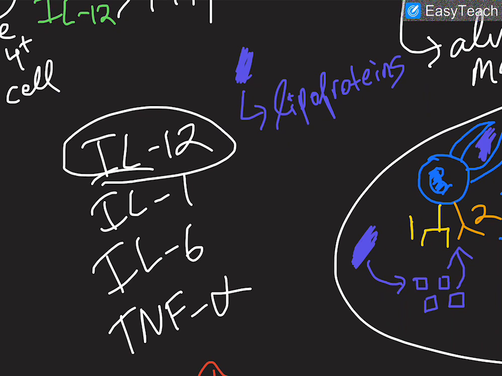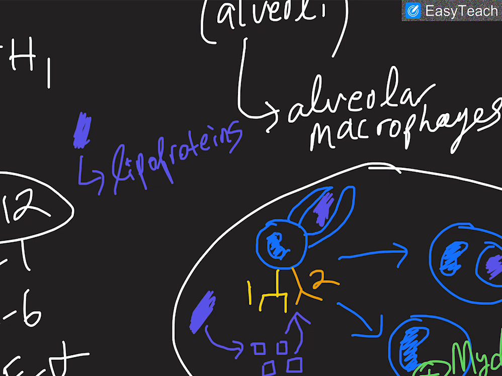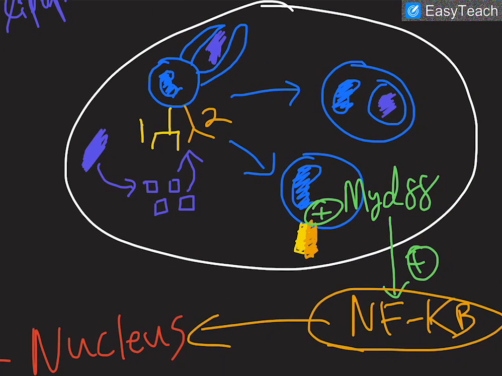So again, remember, toll-like receptors 1 and 2 respond to bacterial lipoproteins. These bacterial lipoproteins can be seen on Mycobacterium tuberculosis. Those lipoproteins are released by this bacteria and bind to toll-like receptors 1 and 2, which then dimerize, activating the MyD88 intracellular pathway.